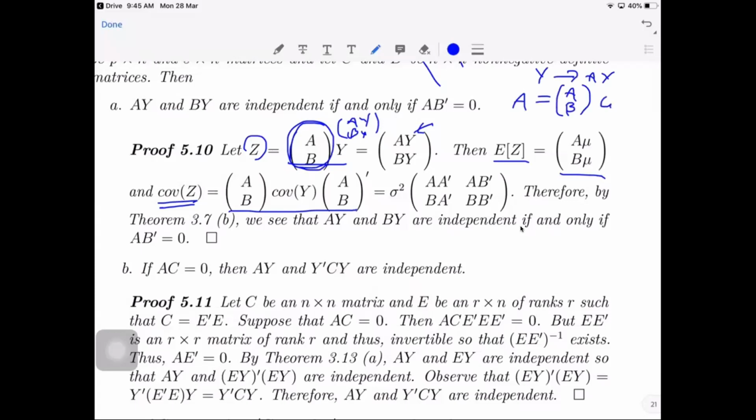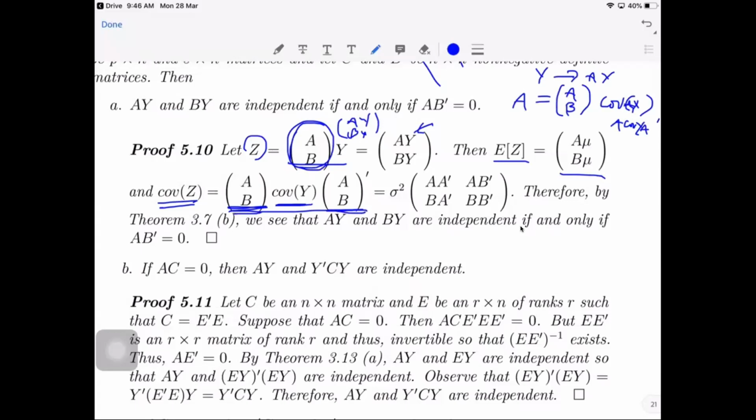The covariance of AY is A covariance of Y, A prime. So this is your A covariance of Y, A prime.